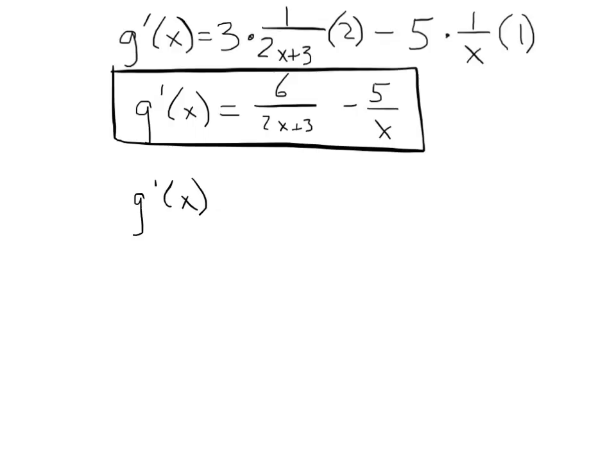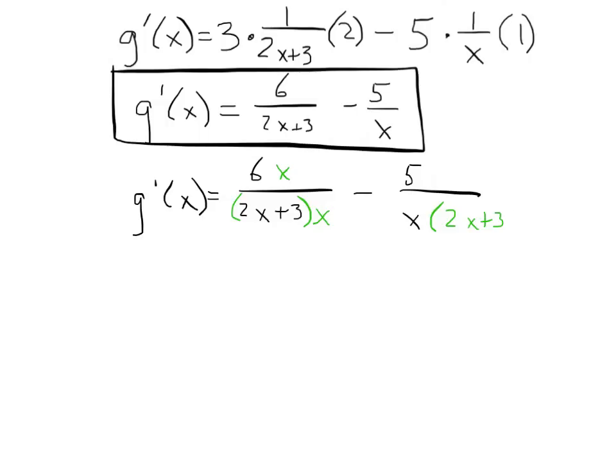To do that, you'd multiply the first one by x on the top and the bottom. So if I just put times x here, times x up here. On the other one, if I've already got 5 and x, I'll need to multiply by the 2x plus 3 on the top and the bottom.